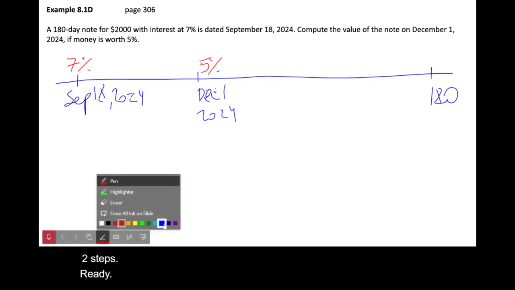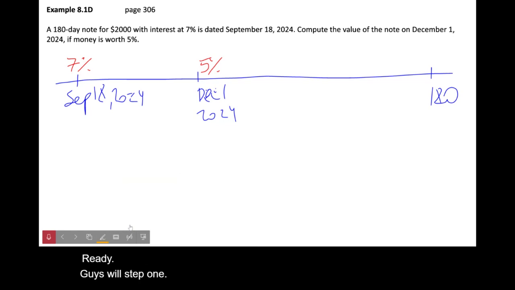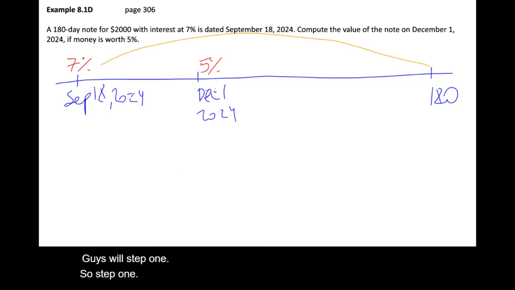Ready, guys, for step one? Step one, find the maturity value. So we are using what? Interest rate, and the day of issue.